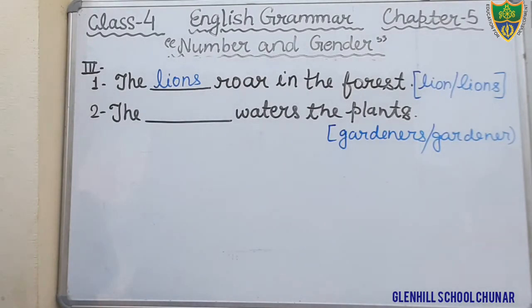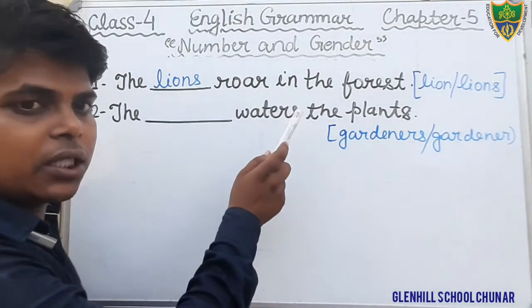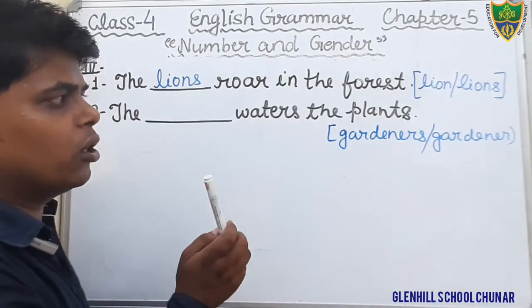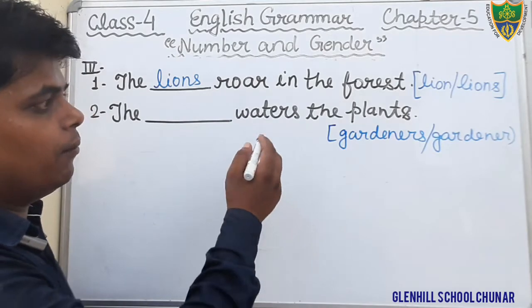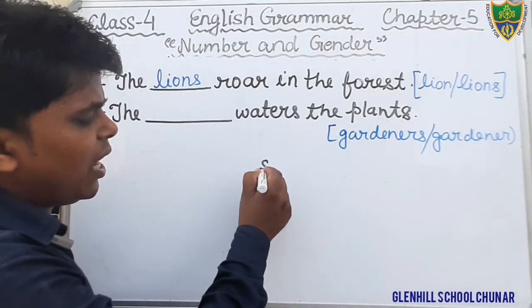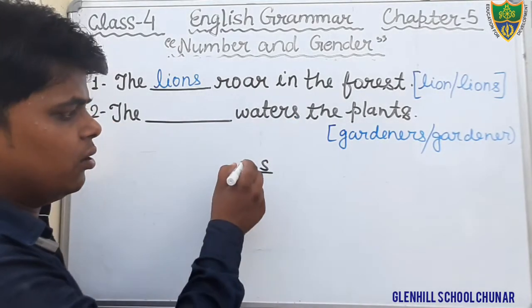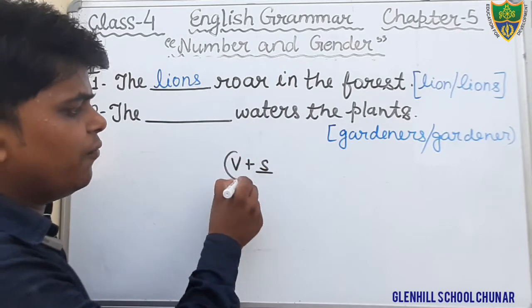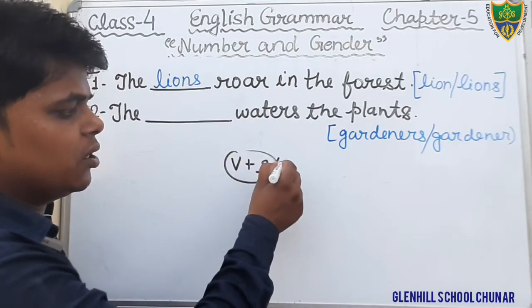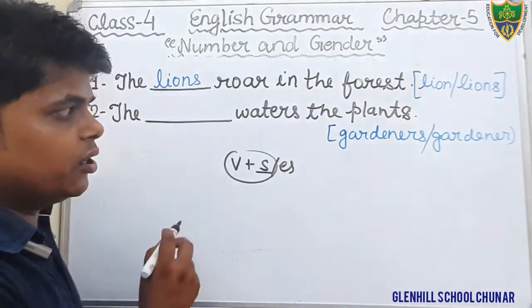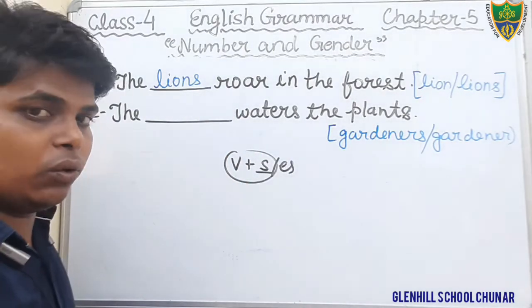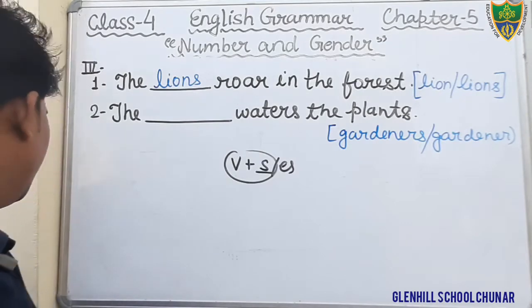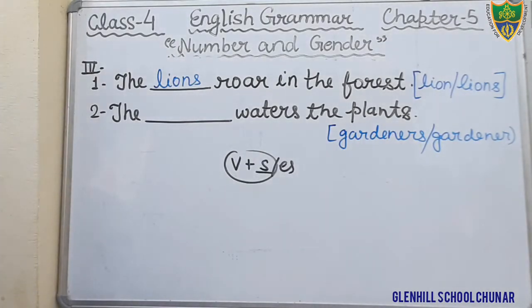First of all, you have to recognize whether the verb is given in singular or plural. It is given in singular form. Generally in the verb we add s or es with the singular, and we do not add s or es with the plural in the simple present tense.